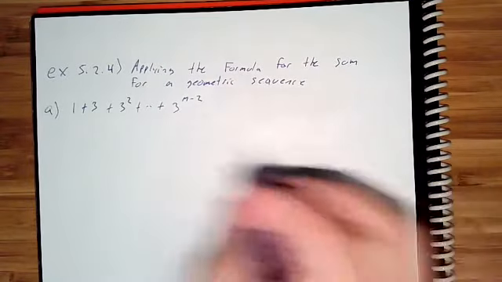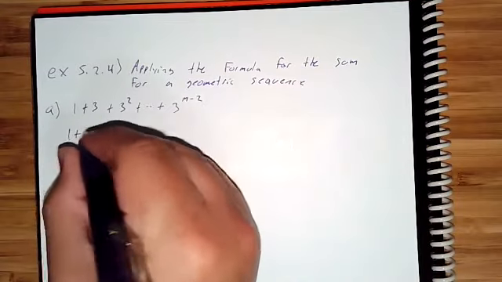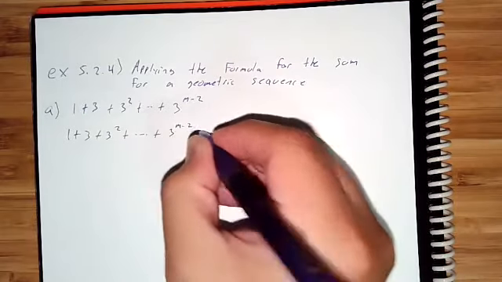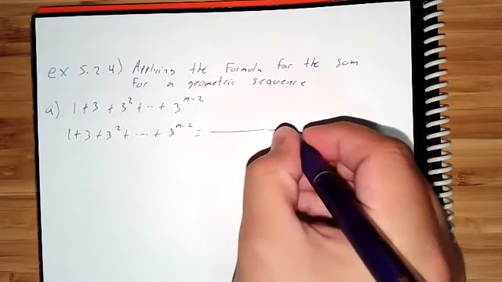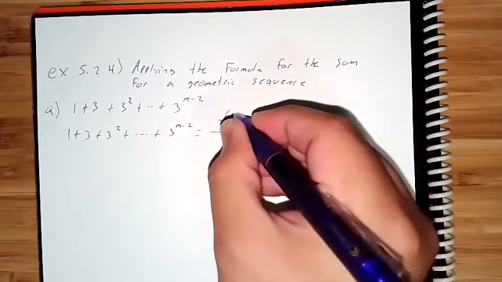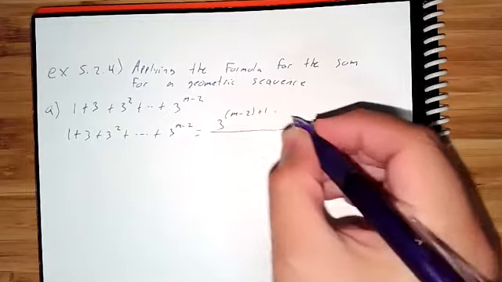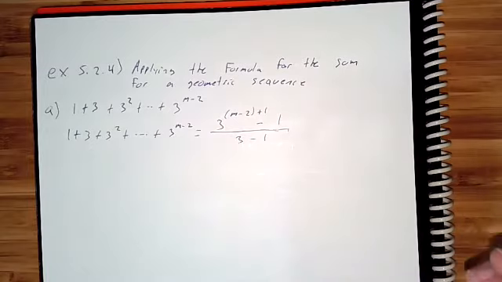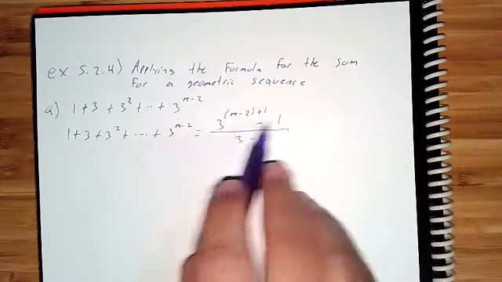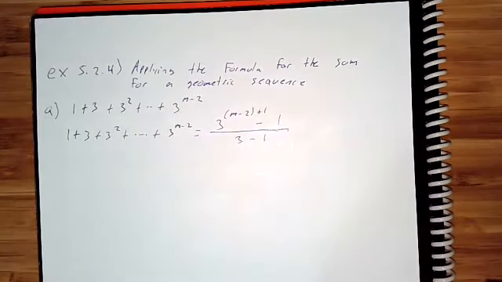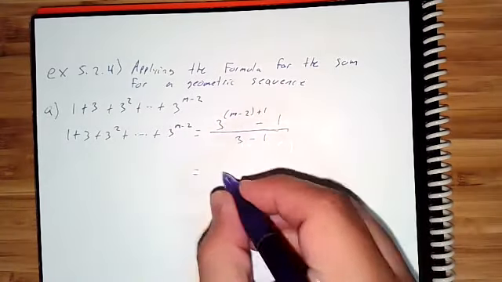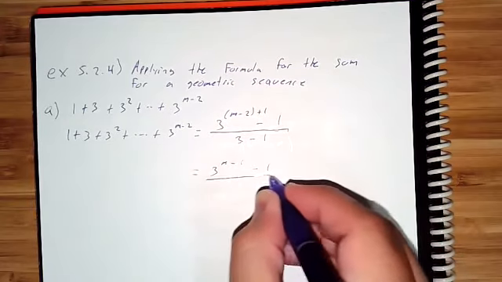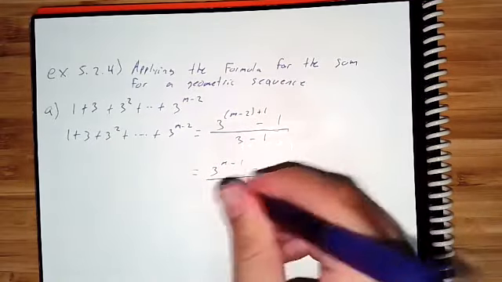Okay, so the solution is going to be 1 plus 3 plus 3 squared plus up to 3 to the m minus 2 is equal to 3 to the m minus 2 plus 1 minus 1 over 3 minus 1. All right, so I'm applying the formula to this R. So just plugged it in, basically. All right, so this will become 3 to the m minus 1 minus 1. The 3 minus 1, well, that's just 2. So let's go ahead and write it as a 2.